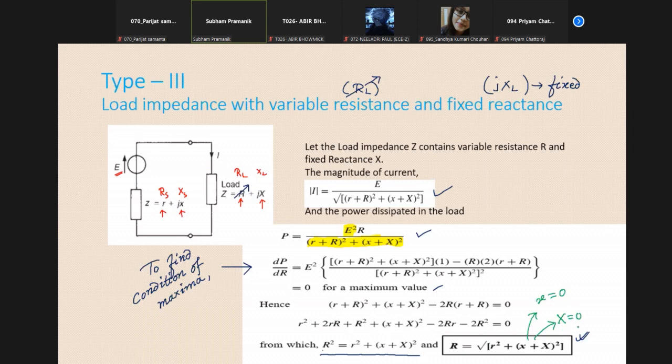See, capital X is actually the load impedance. Type 3 says that the load impedance has variable resistance and fixed reactance. Fixed reactance can also have a fixed value like 0. There is no rule that it cannot be 0. So that's a special case actually. Small x, capital X, both can be 0.